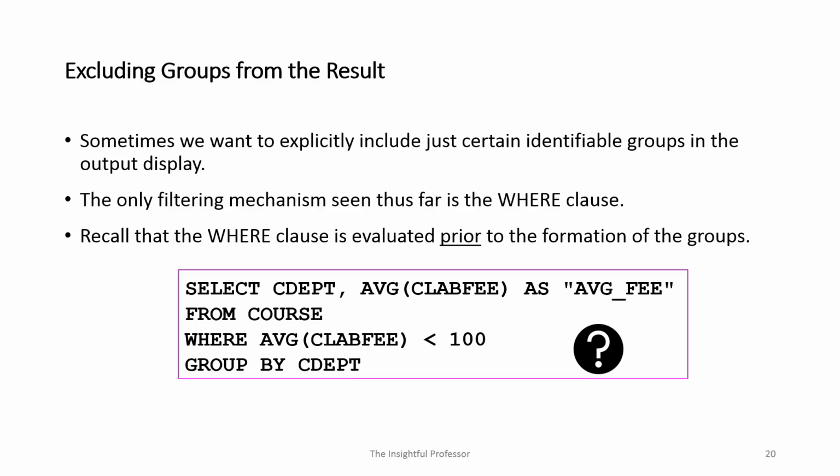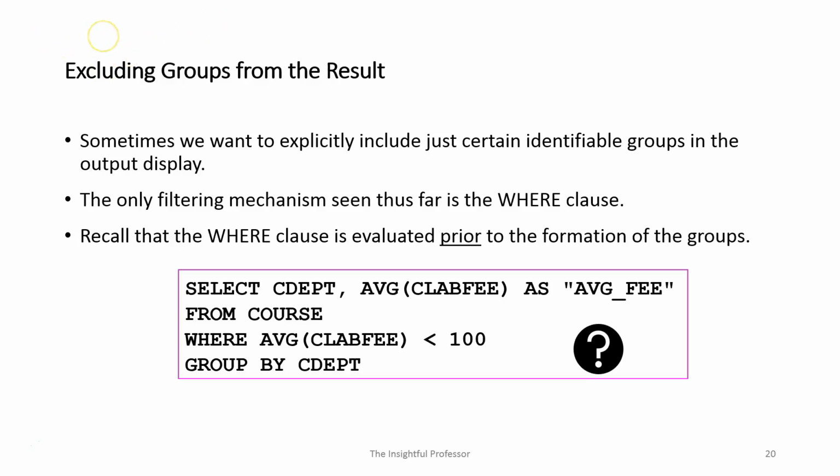Let's suppose somebody says, I want the average lab fee for courses, but I want to see it for each such department. But I don't want to see it if the average lab fee is less than 100. I only want to see those higher averages. The only mechanism that we're aware of for filtering data at this point is the where clause. However, there's a little problem here. If you were to try to run this, it will not work. You'll get a nasty error.